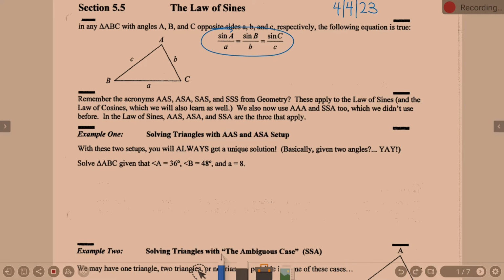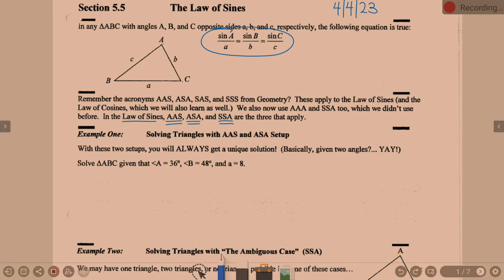So we have 6 different ones that we're working with. Now, in the law of sines, which is our focus today and tomorrow, angle, angle, side; angle, side, angle; and side, side, angle. Those are the 3 that apply. So if you're provided those pieces of information, angle, angle, side would be being provided angle, angle, and then the following side.